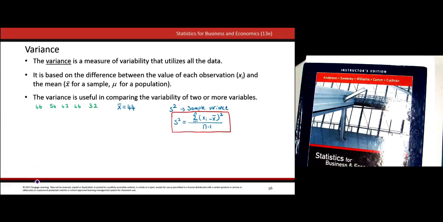So let's calculate the variance for this example. The xi's are these observations: 46, 54, 42, 46, 32.